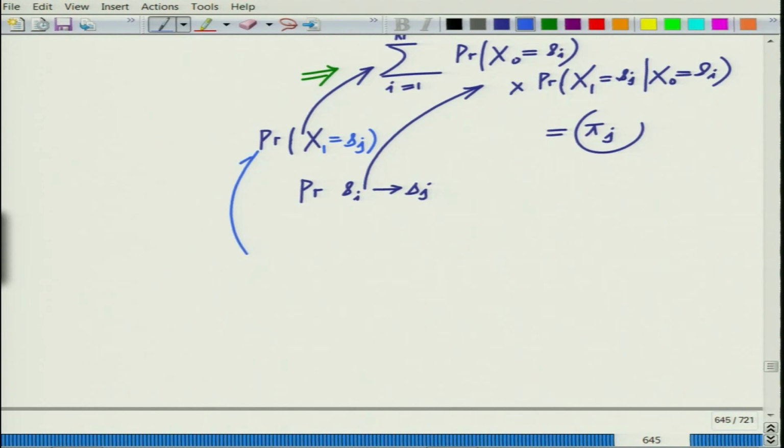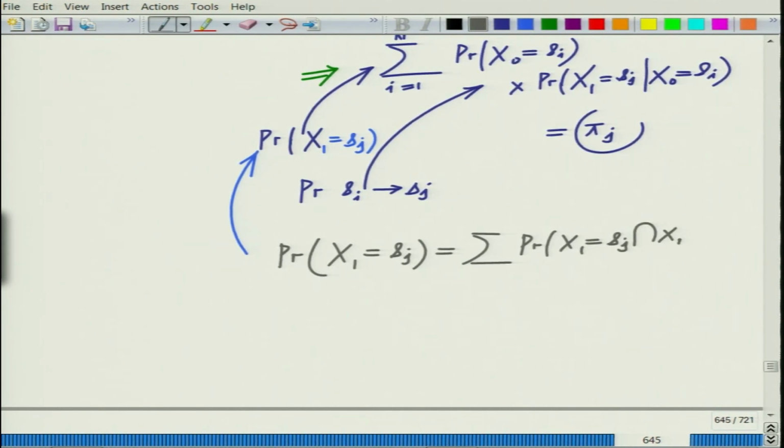If you look at probability x 1 equal to s j, it is the summation of the probability x 1 equal to s j intersection x naught equal to s i over all possible states, or all possible i. This basically follows from the total probability rule.